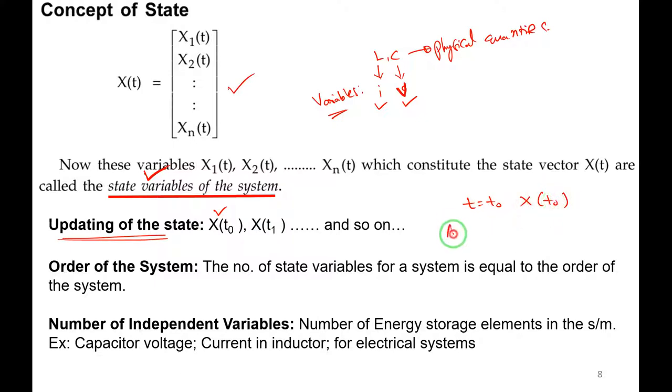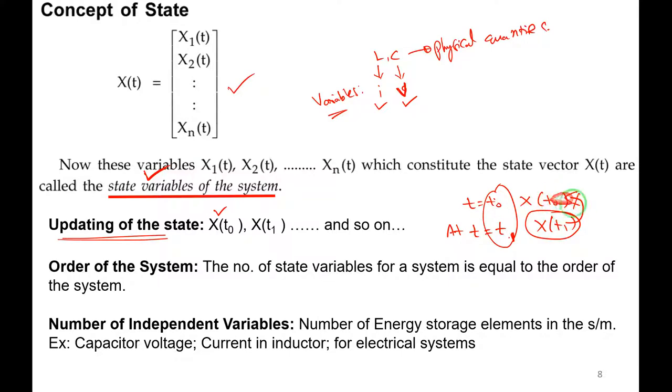At time t equal to t1, the state is x of t1. How is it obtained? Between time t0 and t1 there are variations in the system. The state has to be updated between time t0 to t1. That means x of t1 is the state obtained by considering the previous state, the past history of the system.